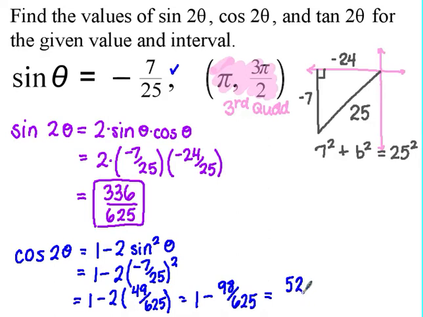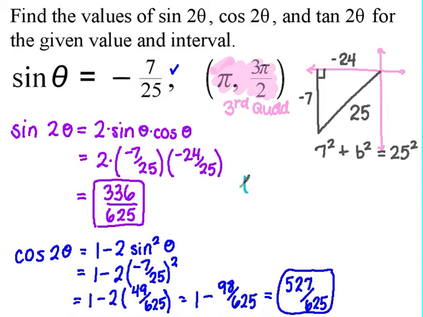What is 1 minus 98 over 625? I want a fraction. 527 over 625. Okay. So that's what 1 minus 98 over 625 is.